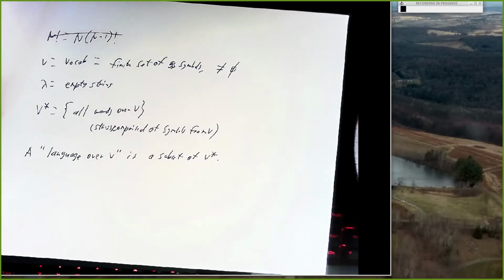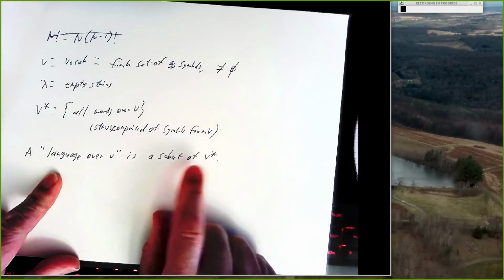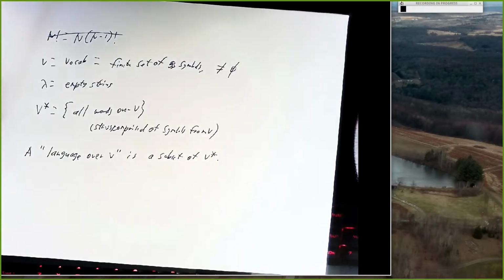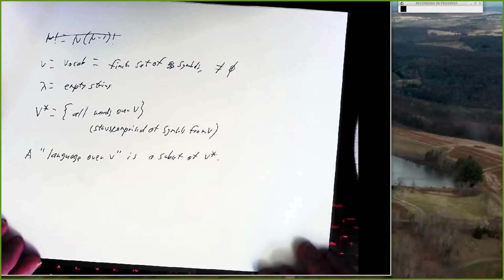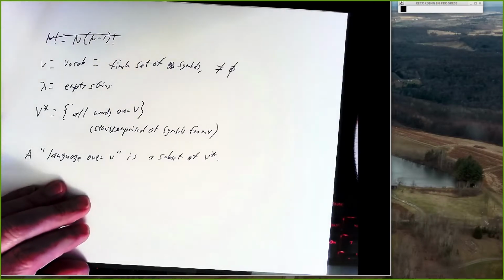And we ended Monday by talking about how we can specify what constitutes a language, which elements of V star form our language. One idea was to list rules for something to be included in the language, I before E except after C. Another was to make an exhaustive list of all the strings that are words over V in our language, something like Webster's dictionary.